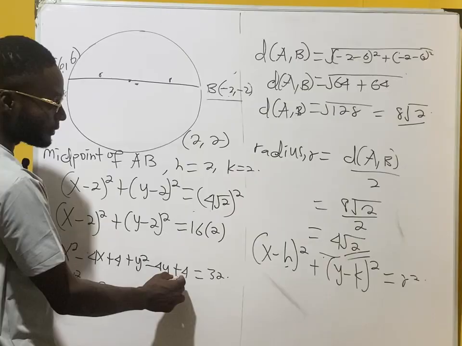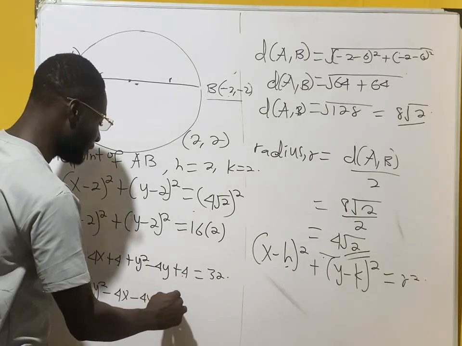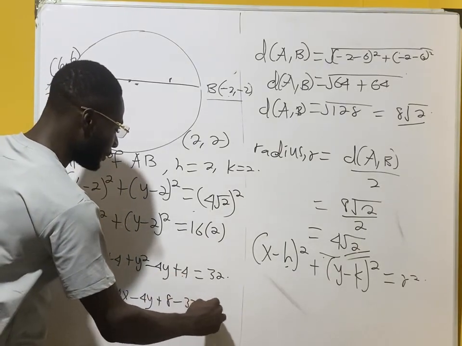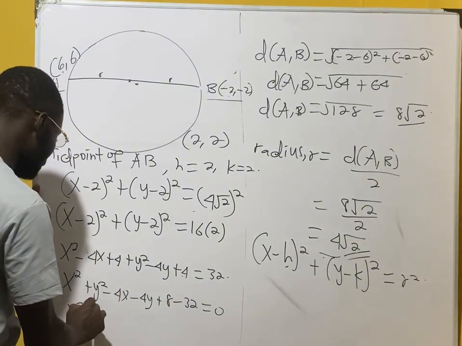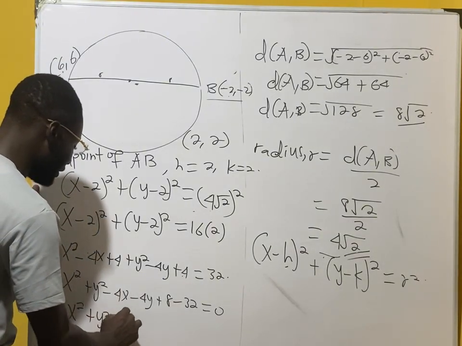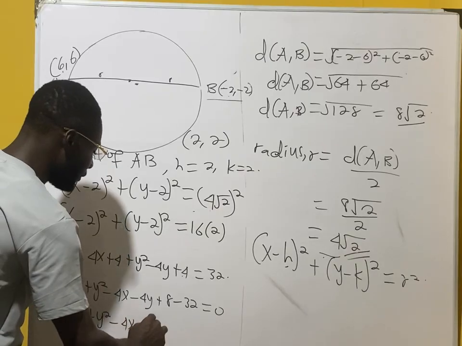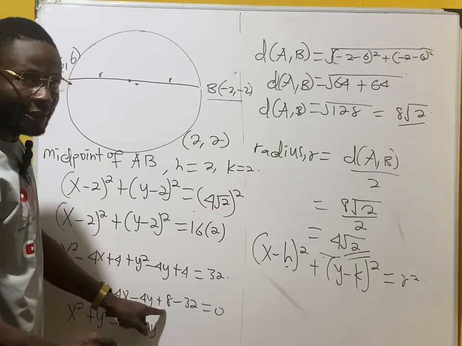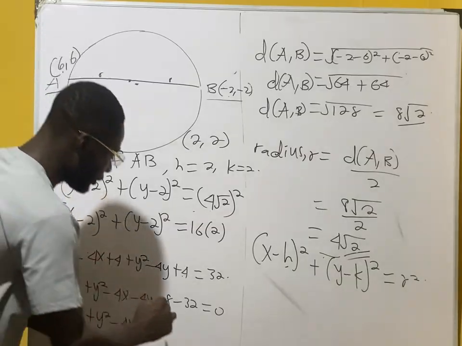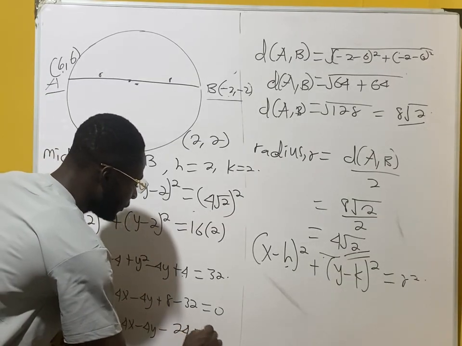This 4 and this 4 become 8, so plus 8 minus 32. So in a nutshell, x squared plus y squared minus 4x minus 4y, and minus 32 plus 8 becomes minus 24, so we're going to have minus 24 in here.